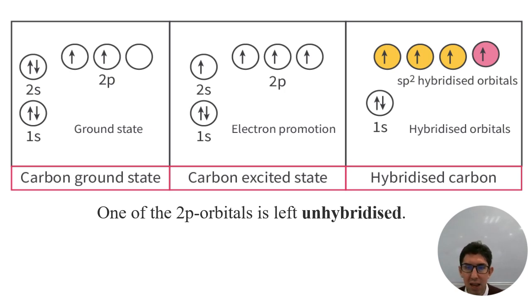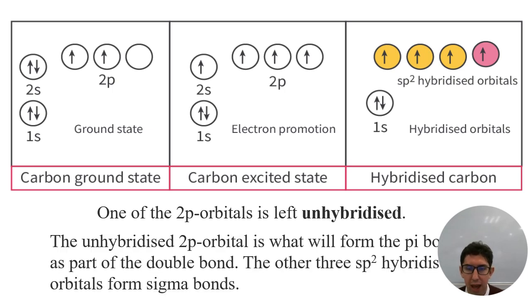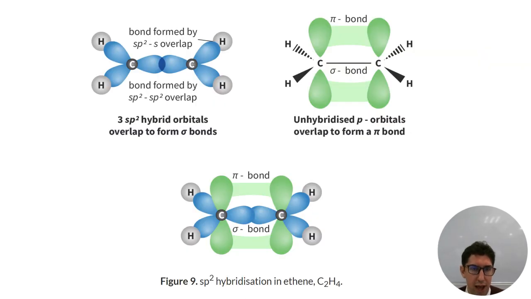It's one of the p orbital electrons that does this, so that's why we call it sp2 hybridization, because you've got 1 s electron and 2 p electrons all hybridized, all being equal, all going to form sigma bonds. Then this extra unhybridized electron is going to form the sideways overlapping pi bond.